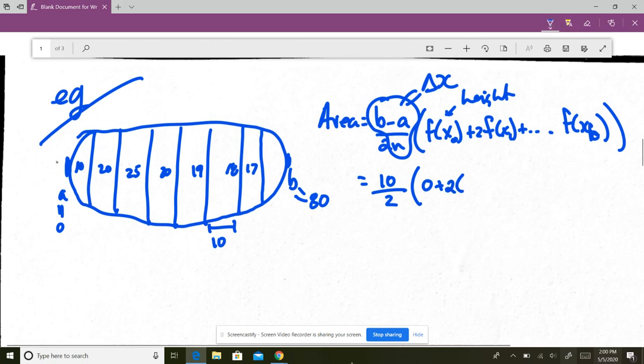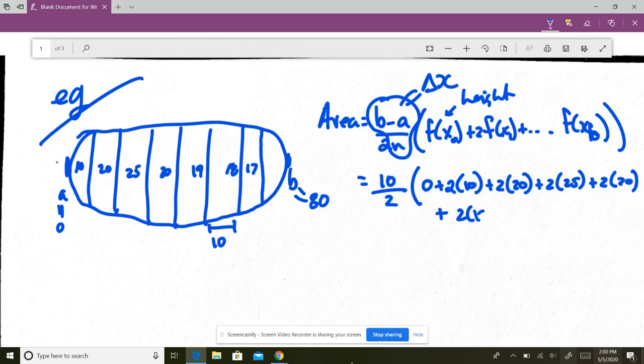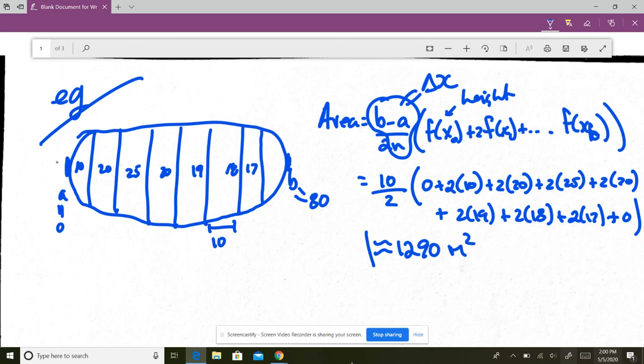So it's 2 times 10 plus 2 times 20, 2 times 25, 2 times 20, plus 2 times 19, plus 2 times 18, plus 2 times 17, and then the height at the end here is 0 as well. If you add up all those numbers and multiply it by the 5 that's on the outside, you should get 1290, and we'll say this is in meters, square meters. That is the approximate area of the lake.